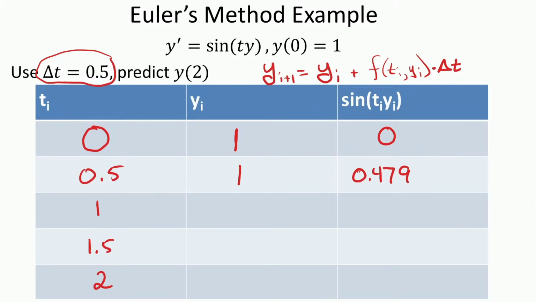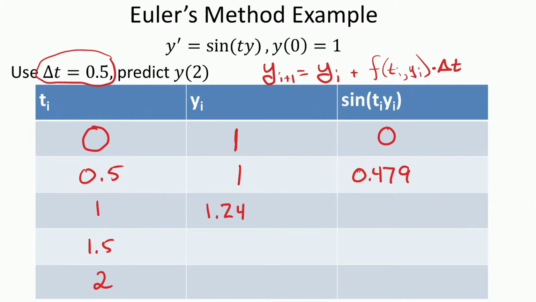How far are you going? 0.5. And that gives me 1.2395. I guess, since I'm rounding, it would be 1.24. I'll just leave it like that.